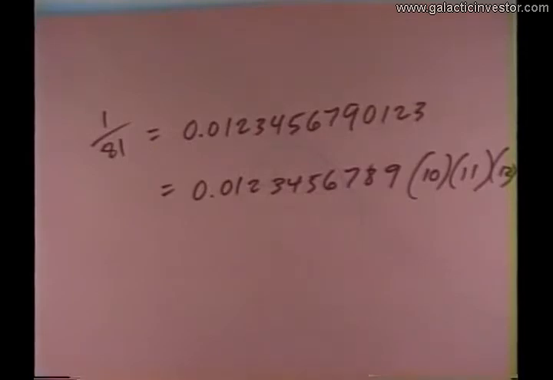So then the 8 disappears, and then it continues on out. It's very interesting that the reciprocal of 81 describes the entire list of whole numbers, a representation of a decimal system.